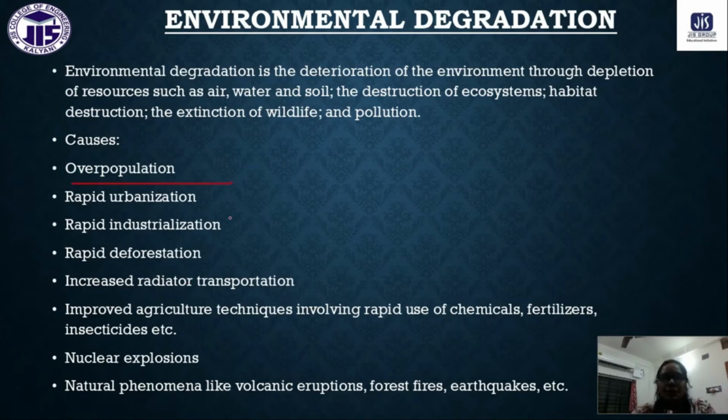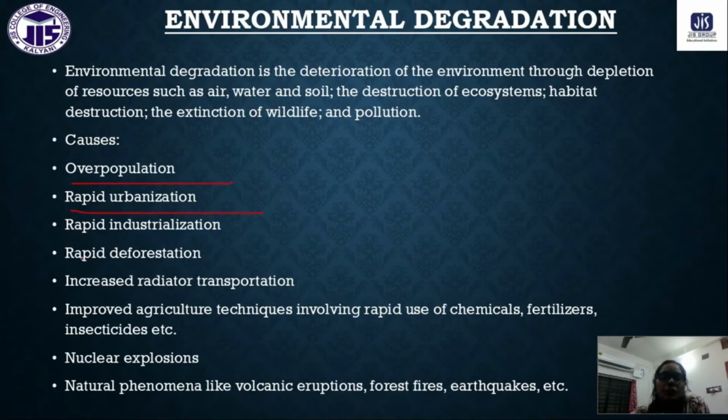Overpopulation, rapid urbanization, and deforestation. The main effect of rapid urbanization is deforestation. We have to cut the trees, which is very harmful for the environment and can increase the temperature of the earth surface, which is called global warming.